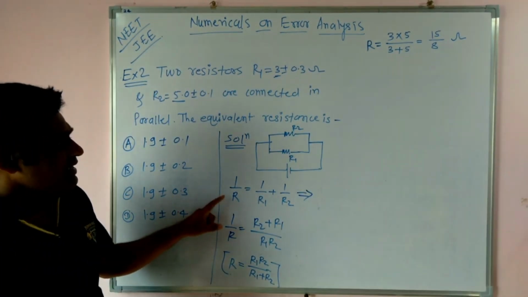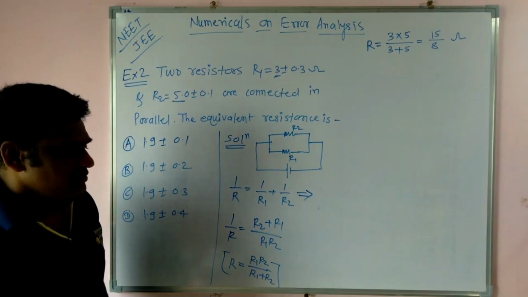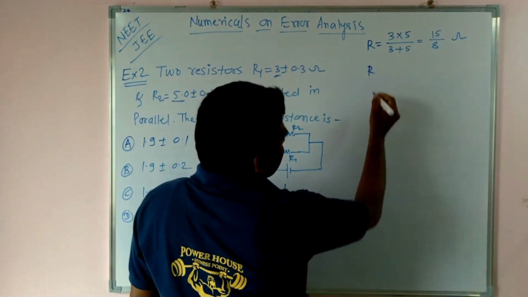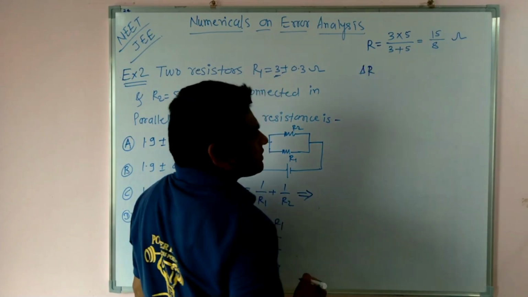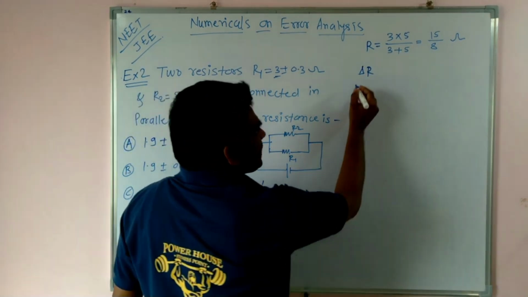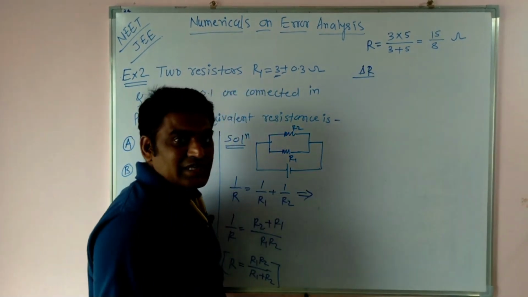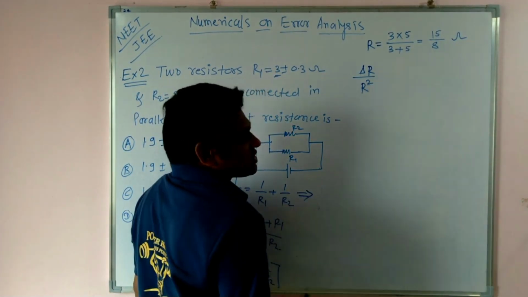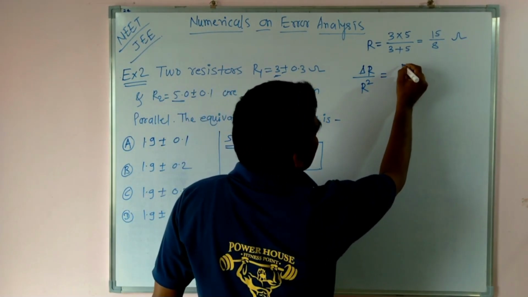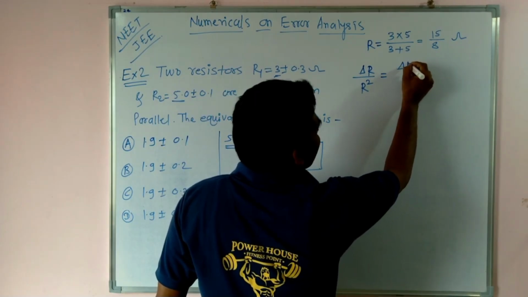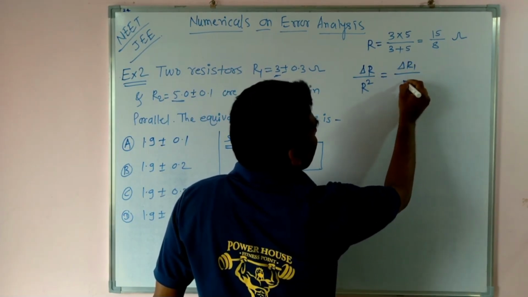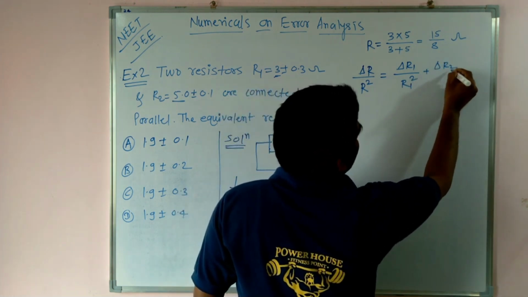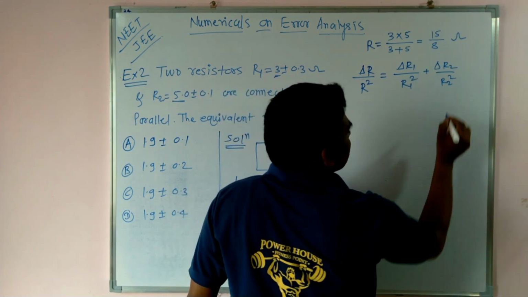Now the error in this combination is written as delta R. The error in resistance will be delta R by equivalent resistance square is equal to error in R1 divided by R1 square plus error in R2 divided by R2 square.